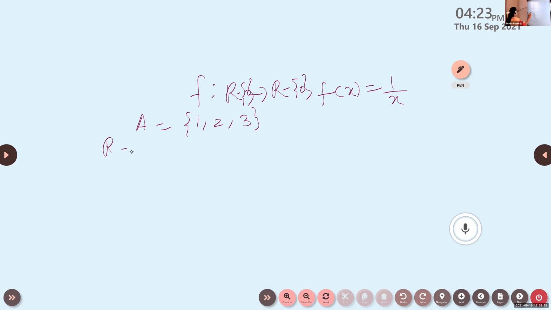R is defined as (1, 1), (2, 2), (3, 3), (1, 3). Okay. Find the ordered pair to be added to make R the smallest equivalence relation.